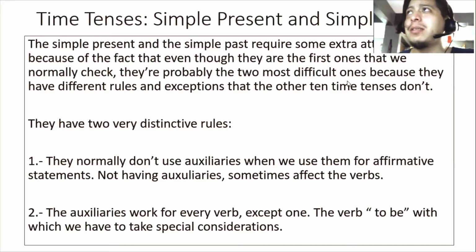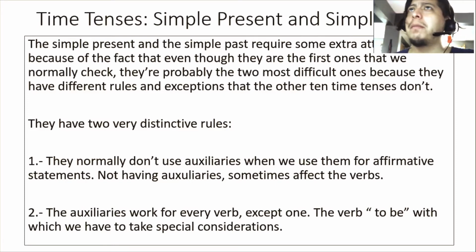It is the simple present and the simple past, but these two time tenses are the two most difficult ones in my opinion, because they have some exceptions. They work in a slightly different way than the other 10 time tenses. The other 10 time tenses are always the same structure. You never have to change anything about them.